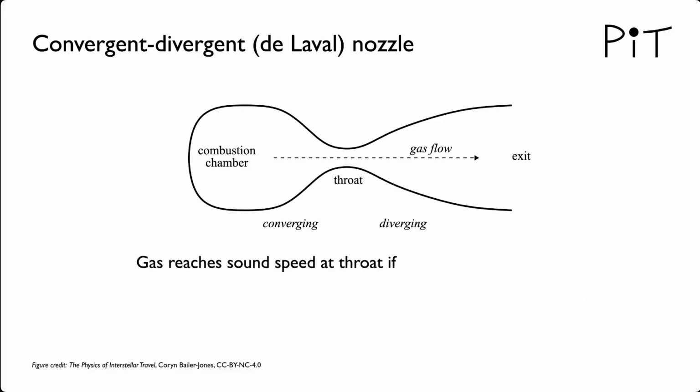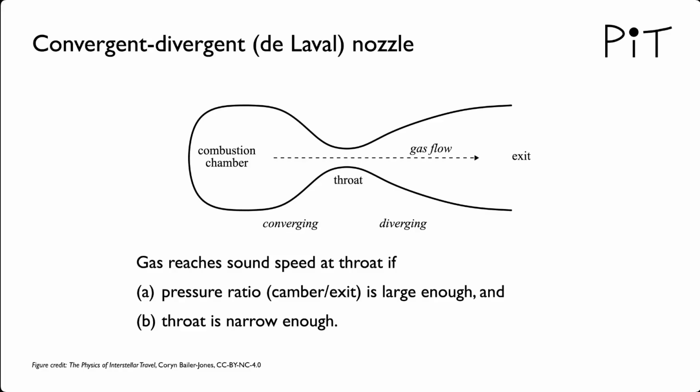It turns out that this occurs only if A, the pressure ratio between the combustion chamber and the ambient environment where the gas exhausts to is large enough, and B, if the throat is narrow enough. This property of a nozzle to maximize the extraction of thermal energy from a hot gas is the main reason that rockets have nozzles, and almost all rockets do indeed have them.